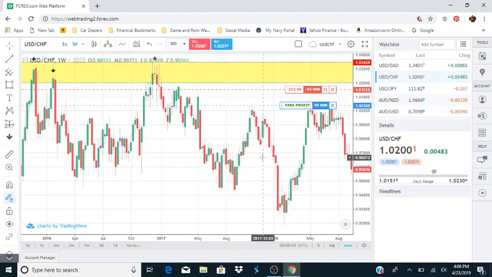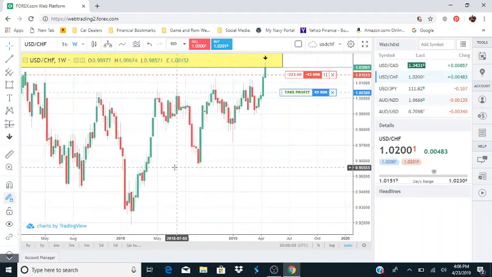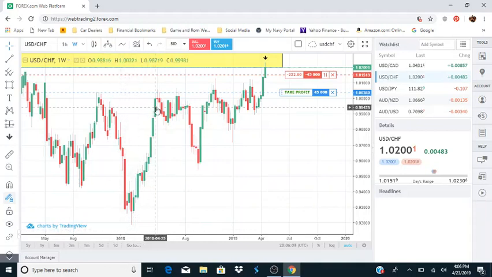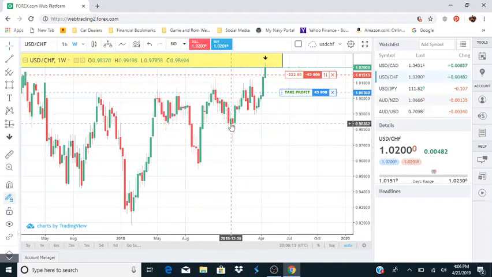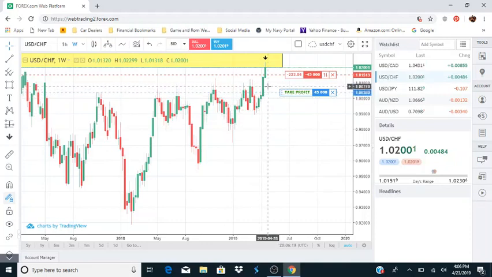As you can tell, it didn't touch again in 2017. We cross over right here into 2018, and we see it never touched that area again in 2018. Now we're here in 2019, in the April time frame, and today, 4/23/2019, is when it hit, as we cross over into the 1.02 area.